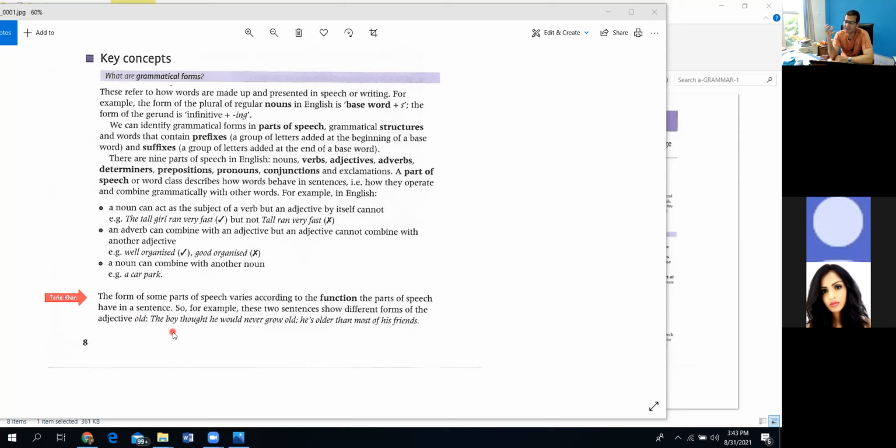It depends on the context in which it is used. So that is how the forms are used in different ways in different sentences, depending on the context. For example, these two sentences show different forms of the adjective. Now you see the adjective old.